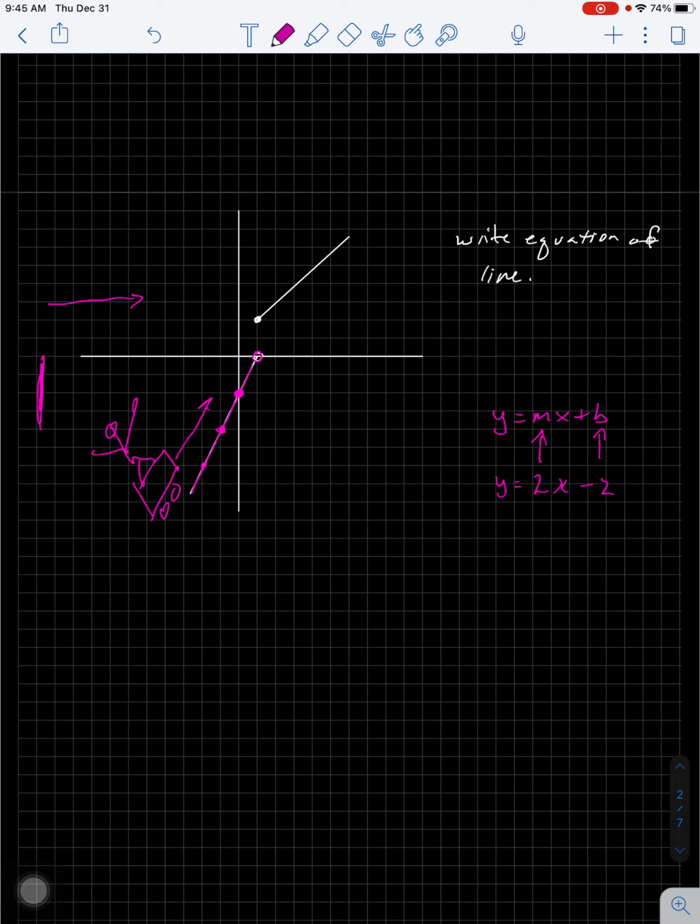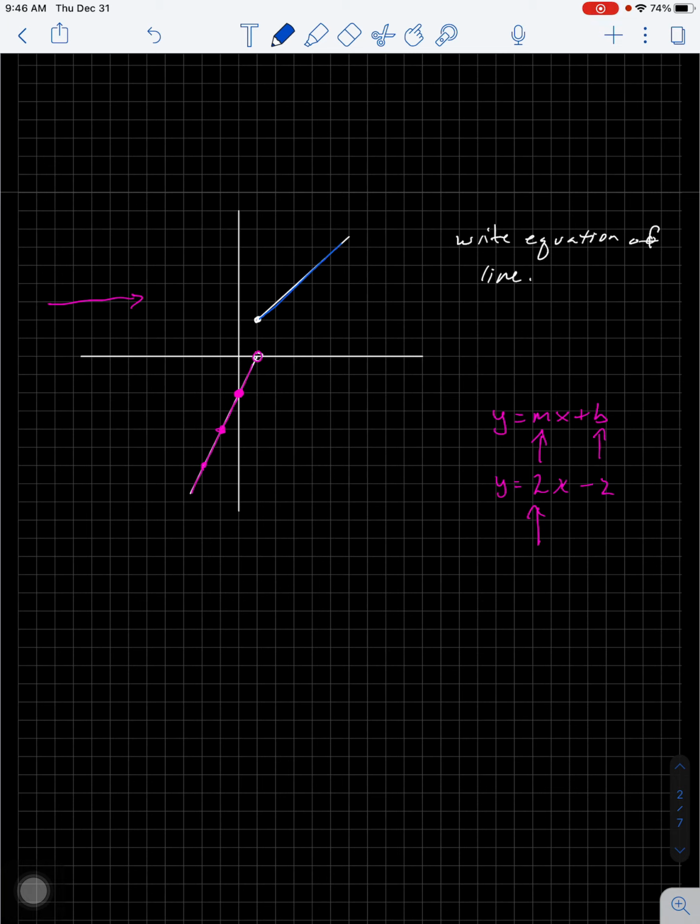If I'm going up this roller coaster from left to right, that means it's a positive slope. If you're going down, like if the line is tipped this way, then the roller coaster would be going down, and that's a negative slope. So that's how you decide what sign is on this slope part. So ours is a positive. All right, we'll erase our guy here, and then we move on to the other part of the graph.